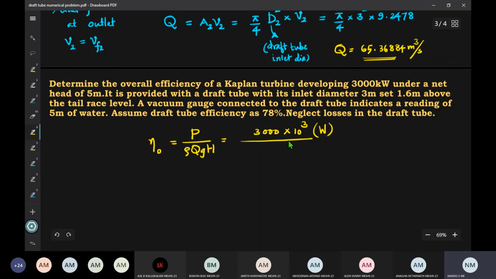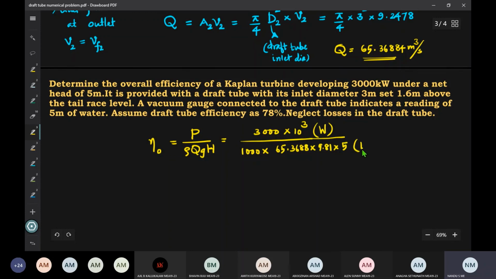Then divided by density of water, 1000. Discharge, just now we found out 65.3688 meter cube per second, 9.81 G, then head is 5, net head is 5 meters.